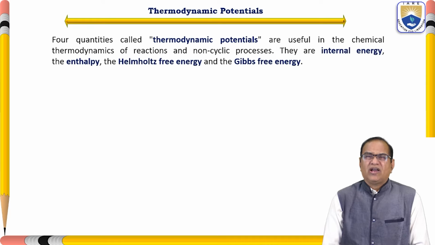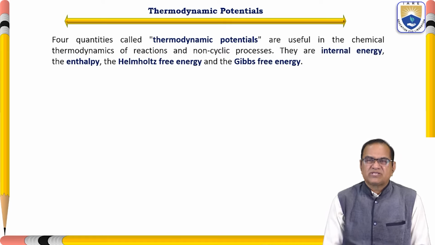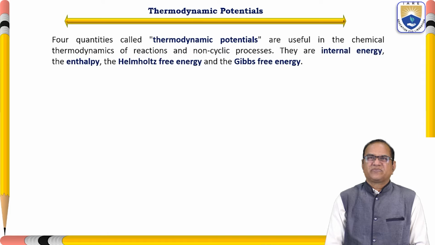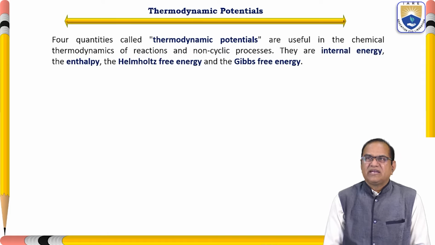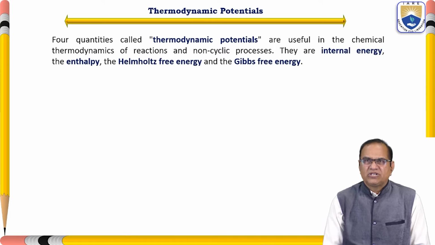Four quantities called thermodynamic potentials are useful in the chemical thermodynamics of reactions and non-cyclic processes. They are the internal energy, the enthalpy, the Helmholtz free energy, and the Gibbs free energy.